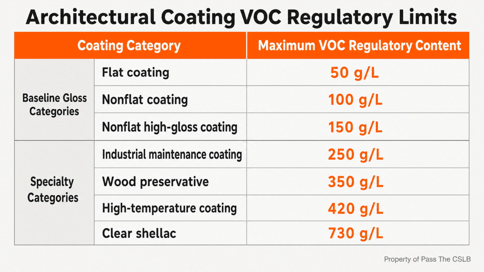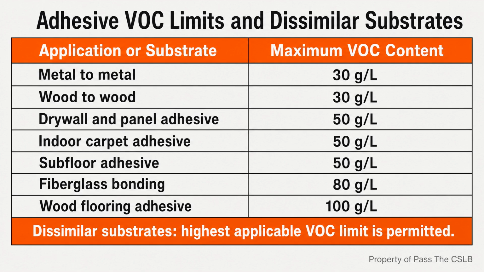The California Green table gives 50 grams per liter for drywall and panel adhesive, indoor carpet adhesive, and subfloor adhesive. It gives 100 grams per liter for wood flooring adhesive. For substrate-specific bonding, it gives 30 grams per liter for metal to metal and 30 for wood to wood, while fiberglass bonding is allowed up to 80 grams per liter.